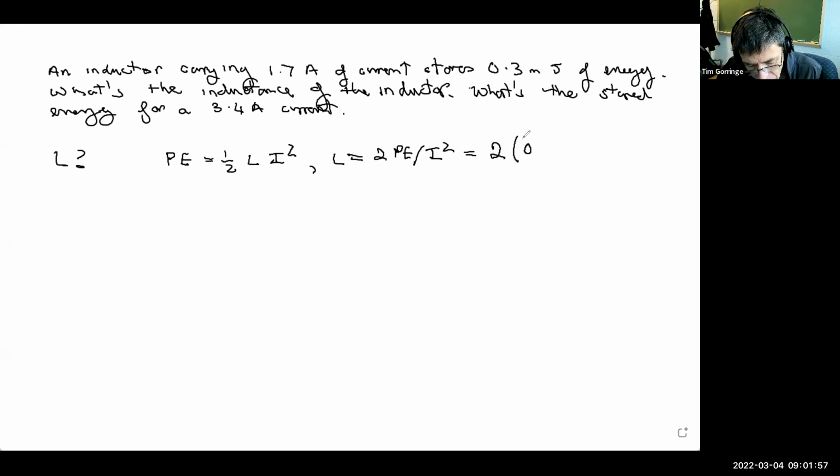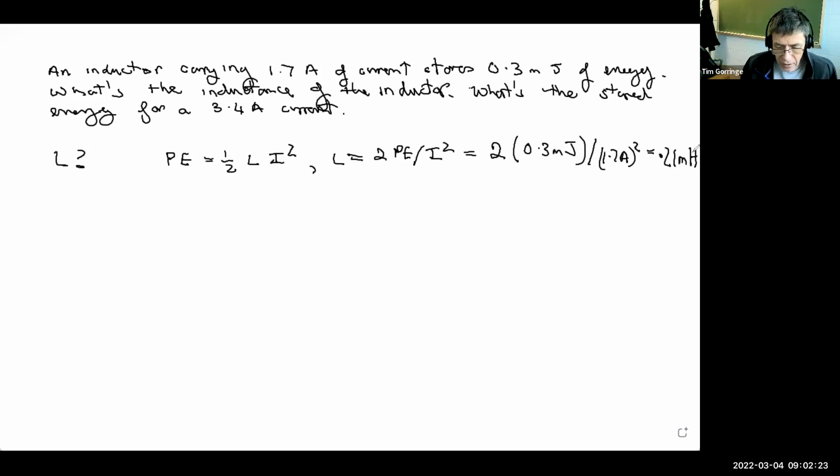So we've got 0.3 millijoules of energy, and we've got a current that is 1.7 amps. And if we carry out the calculation, I got 0.21 millihenries.